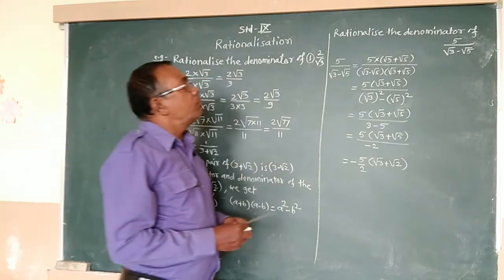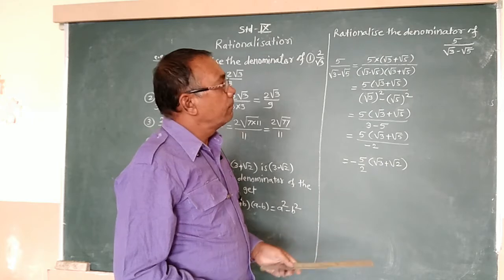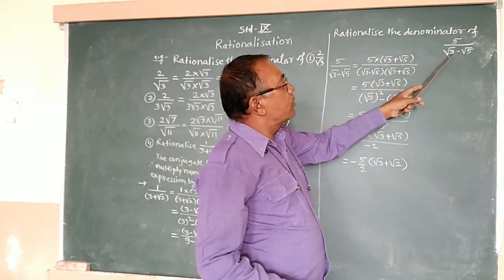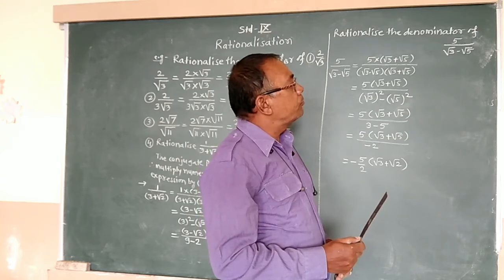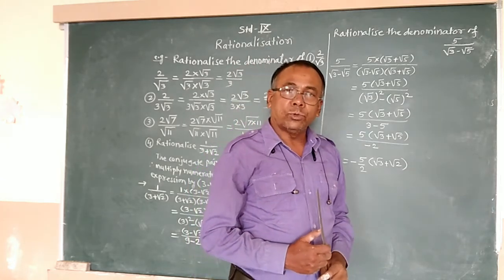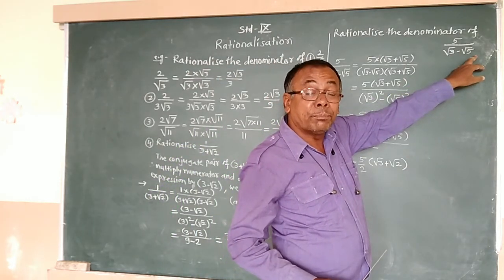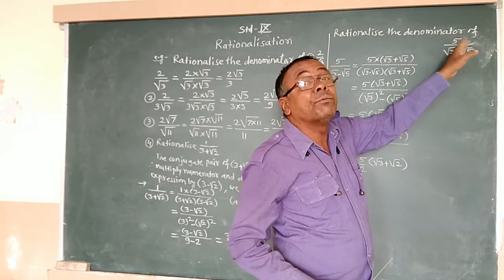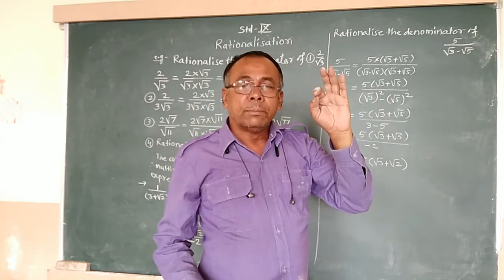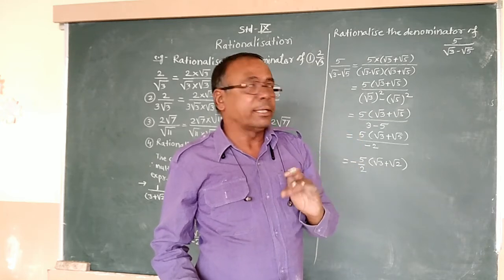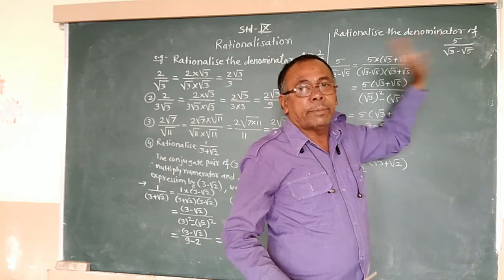Now, one more example we have to see here. Rationalize the denominator of 5 upon root 3 minus root 5. Just now I have told you that if there is addition or subtraction of two irrational numbers, or of one rational and one irrational number, then we must multiply numerator and denominator by the conjugate pair of the given denominator.